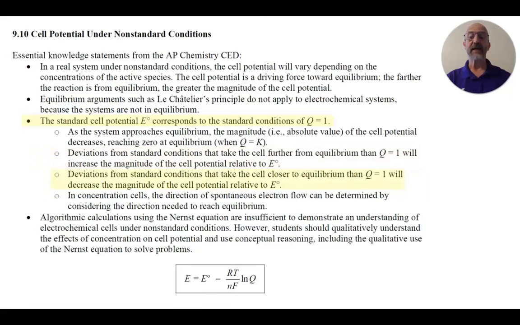On the other hand, deviations from standard conditions that take the cell closer to equilibrium than Q equals 1 will decrease the magnitude of the cell potential relative to the standard cell potential.